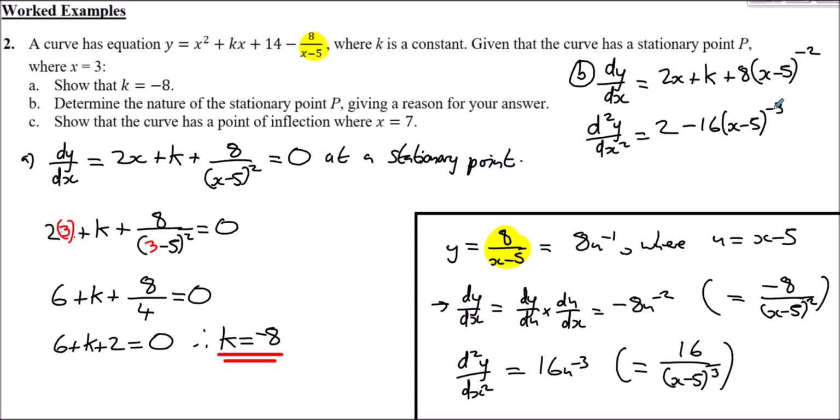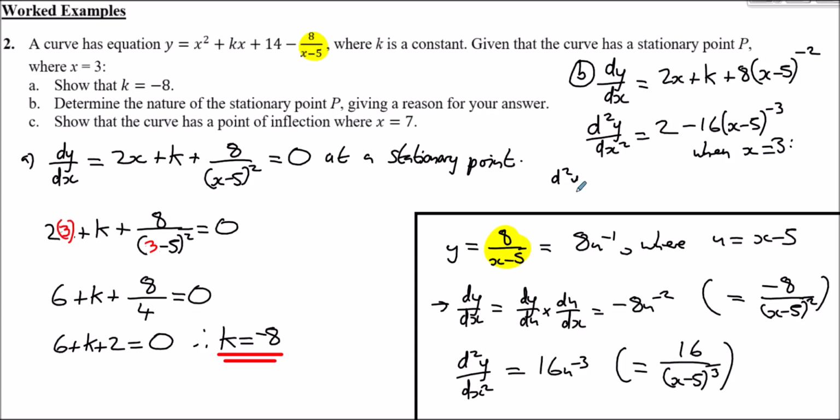So to determine the nature of this point, I can actually check what the value of the second derivative is when x is actually equal to 3. So what's the value of the second derivative at P? So when x is 3, what happens?